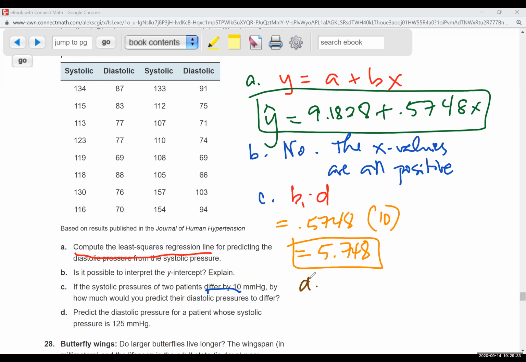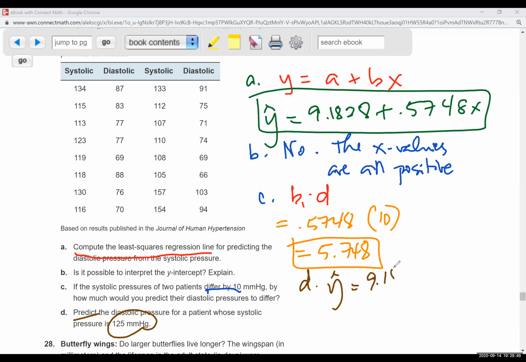And letter D, so whenever you see a question like this, predict, meaning you are solving for y hat. Meaning whatever your equation is, you just have to plug in the number to x.